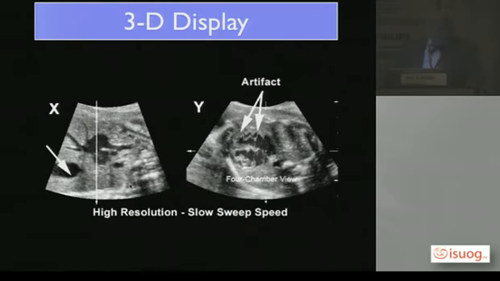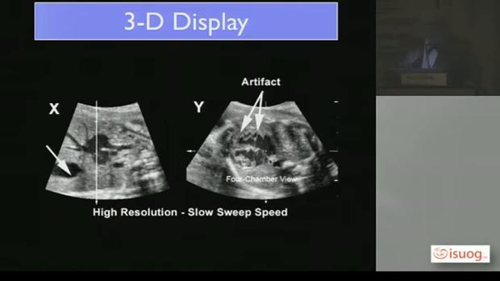Now here's an example. When you do a 3D static sweep that I've just described, if, for example, you sweep too slow, then you will see artifact representing cardiac cycles. So when you understand how to approach this, what we try to do is find the fastest sweep speed with the highest resolution.